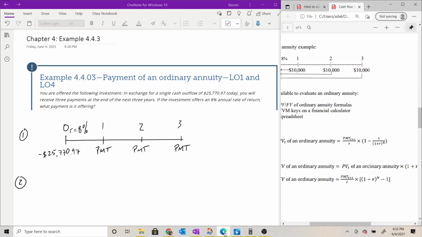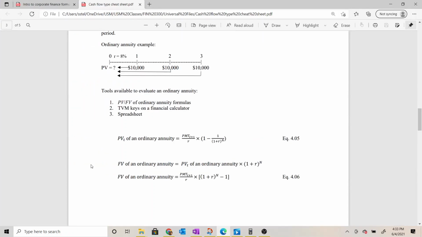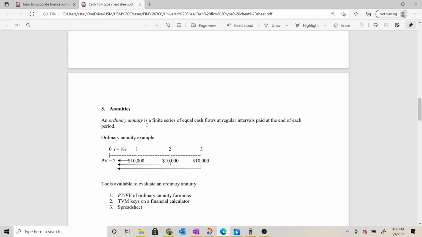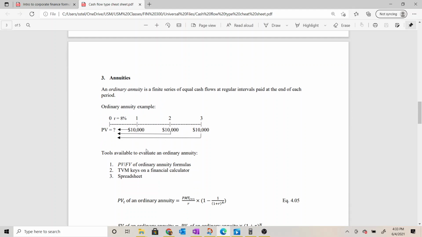So if we look at our cheat sheet with the different types of cash flows and timeline examples, under the ordinary annuity we have something that looks awfully similar, where we have some cash outflow that's unidentified here, the present value of the cash flow, followed by 3 level payments, that is the same payment over and over again, at the end of the next 3 years. Now, an annuity does not require 3 years worth of payments.